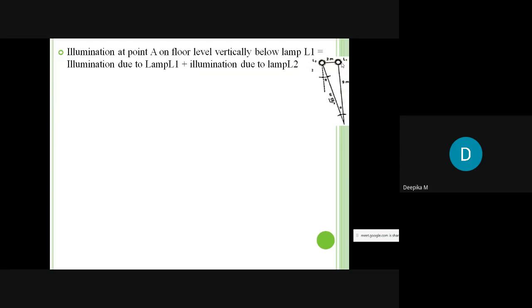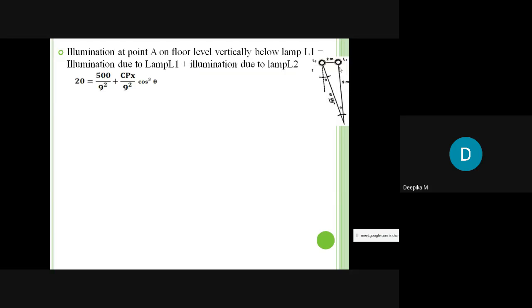This point A will receive light from both lamp 1 and lamp 2. Therefore, the illumination at that point will be the sum of illumination due to lamp L1 plus illumination due to lamp L2. They have already mentioned in the problem that illumination at point A is 20 lux.